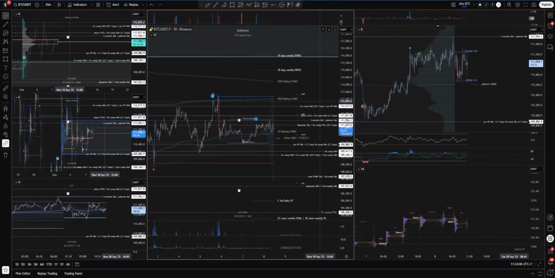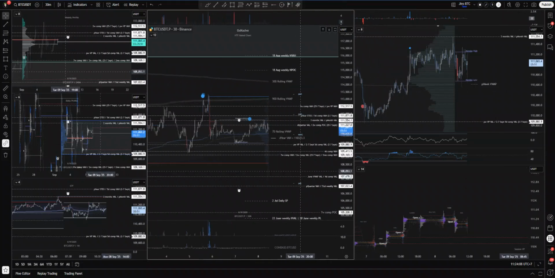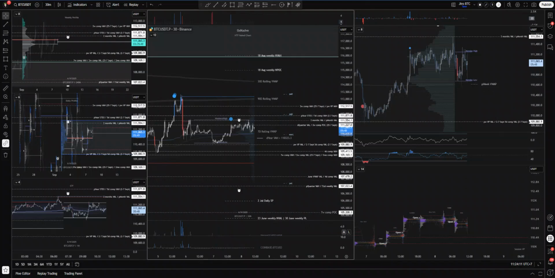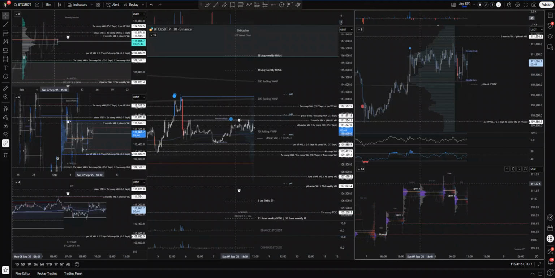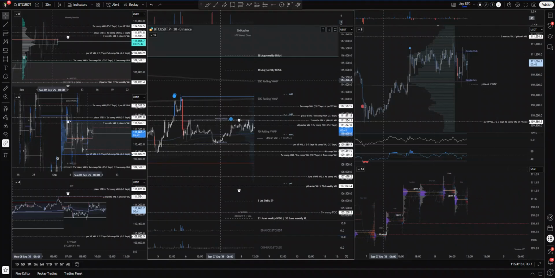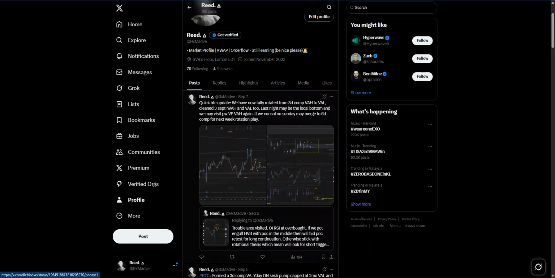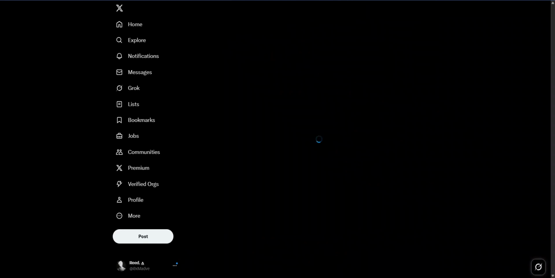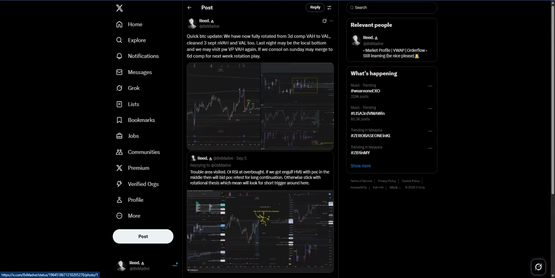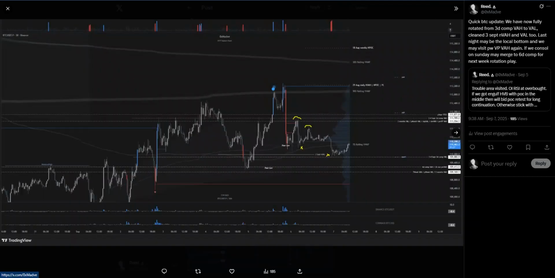Okay. So yep, we're done with our prep for this week. Maybe just gonna continue updating on this one. So during the Sunday morning, I wrote here that we have now fully rotated from the 3D composite value area low, value high to the value area low, and also cleaned the naked value area low here as well.